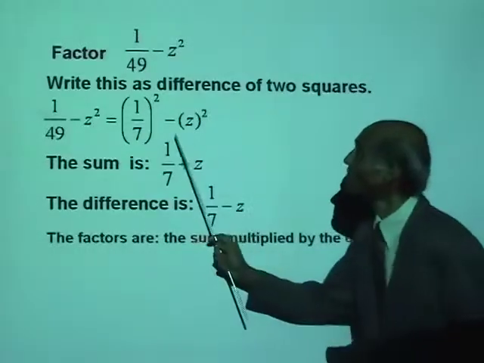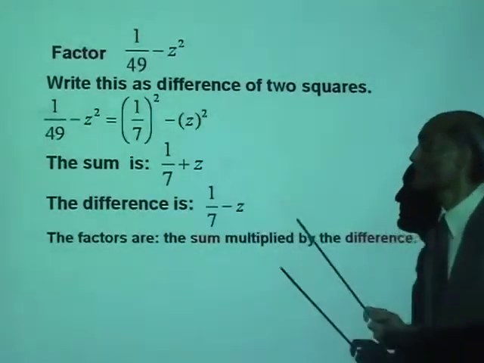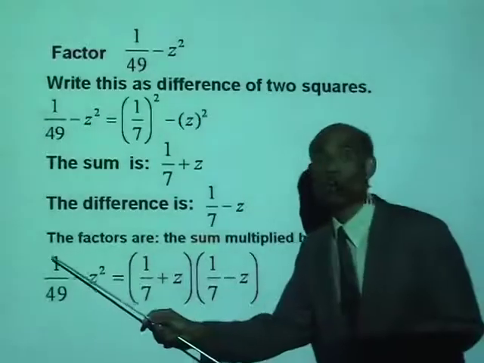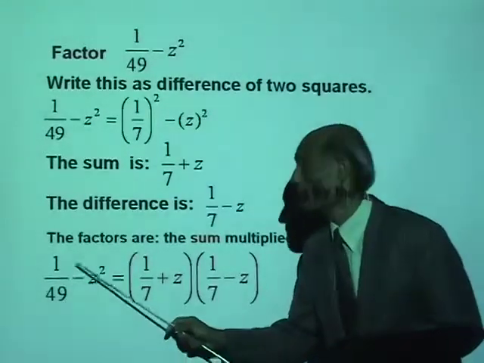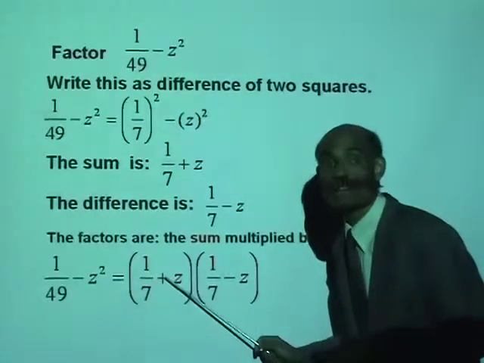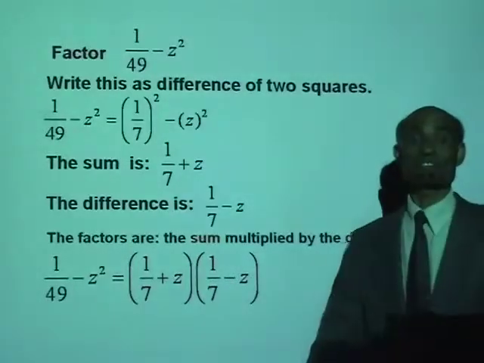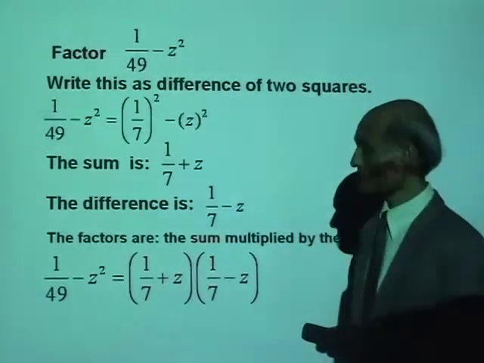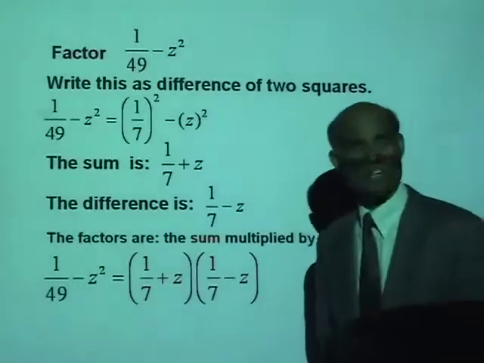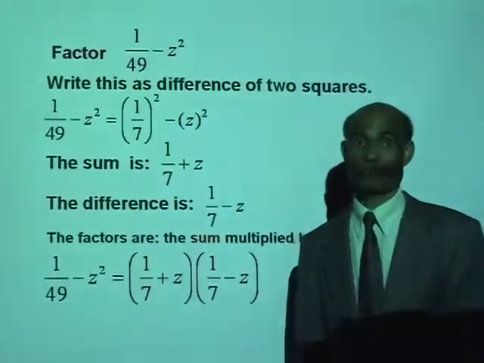Therefore, 1 over 49 minus z squared is 1 over 7 plus z times 1 over 7 minus z. Okay, these are very simple, but you can make mistakes if you are not careful.